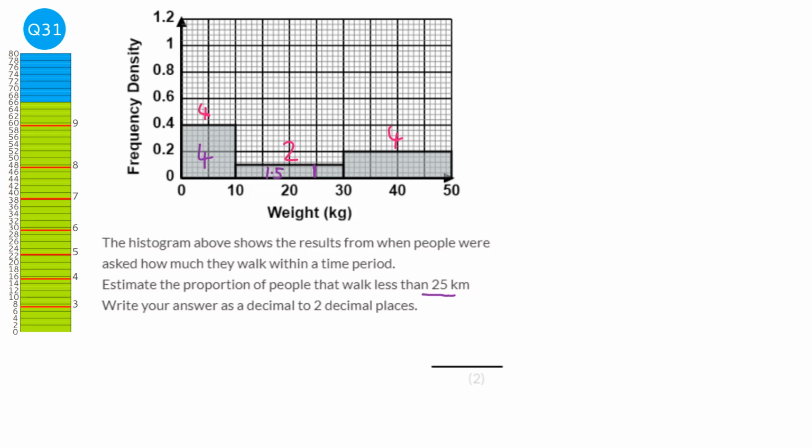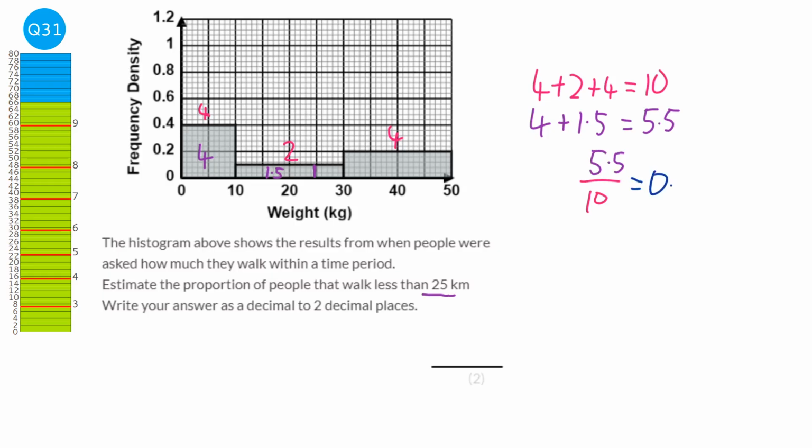So we're going to add up the total frequencies, so 4 plus 2 plus 4, which will equal 10. Then we're going to work out the ones that we're looking for, which would be 4 plus 1.5, which would be 5.5. And so to work out the proportion, we're going to do the bit we're looking for over the total amount, which will give us 0.55.